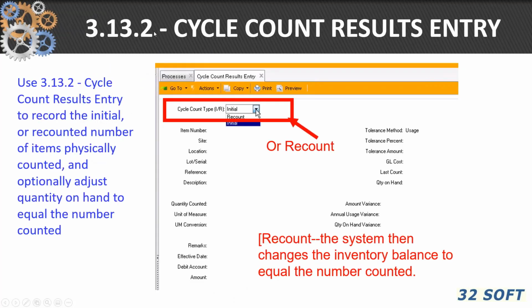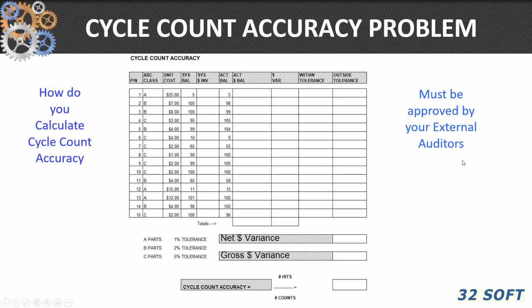When you do the cycle count recount, you go back into 3.13.2 and you set it at recount, and the recount then changes the inventory balance to the number counted. How you calculate your cycle count accuracy is really up to you. I mean, it's got to be approved by your external auditors and your accountant.